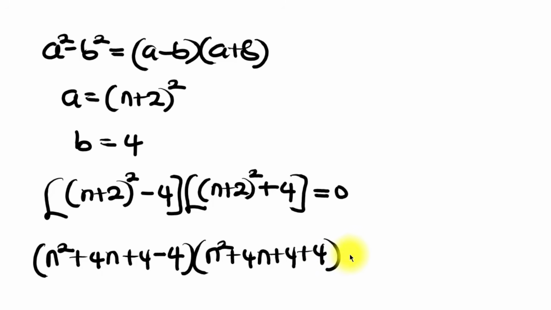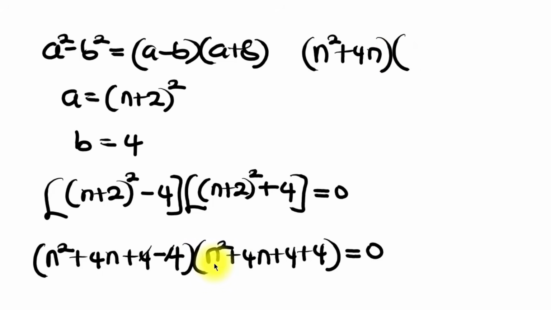Good. And this is equal to 0. When we simplify further, this 4 minus 4 is 0. So I'm left with n squared plus 4n. And this will be multiplied by what we have here. This is n squared plus 4n. And then 4 plus 4 is 8. So plus 8. Good. And this is equal to 0.